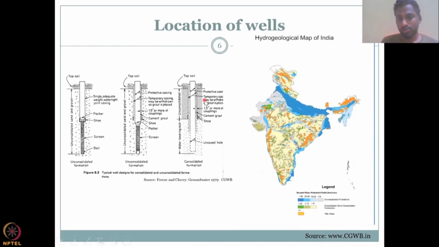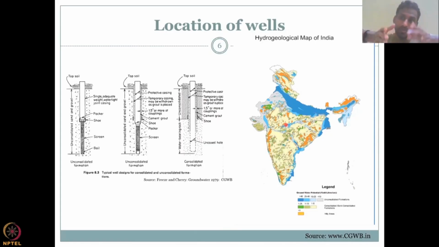And the last part, as you would know, is the most dominant type of well across India, because these are in the consolidated formations. The light yellowish, light orange colors have these wells where you have a screening on the top unconfined part or the unconsolidated formation.